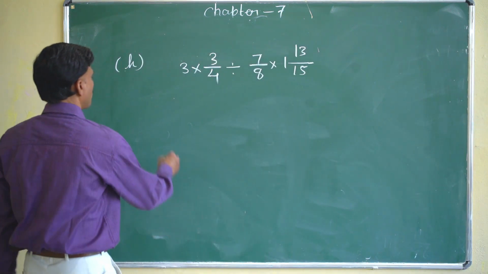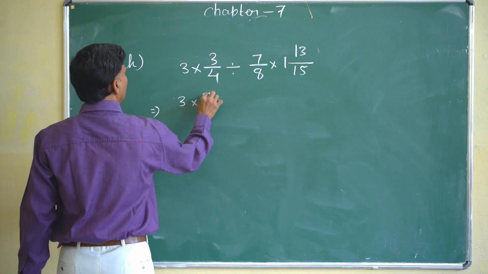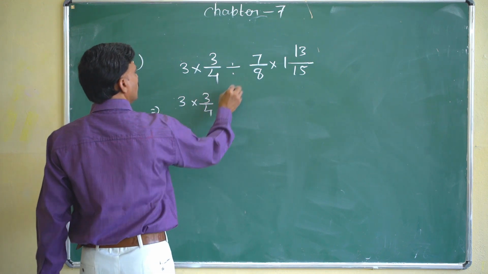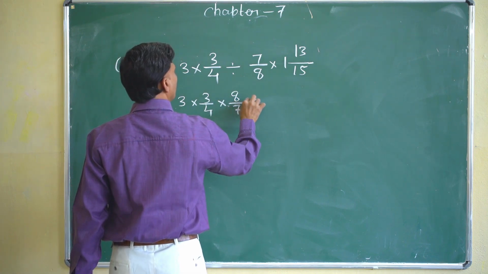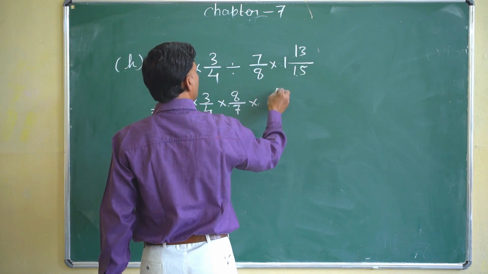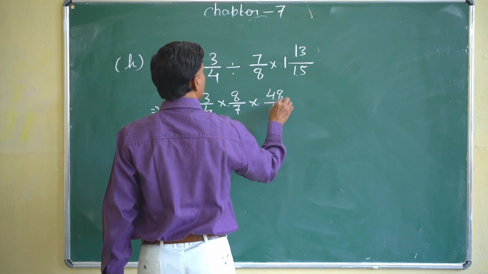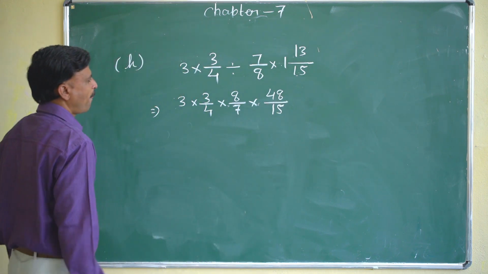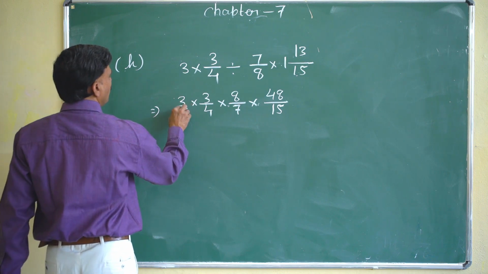So 3 into 3 by 4, this division becomes multiplication by 8 upon 7, and into this, 15 times 3 plus 13 gives 28 upon 15. Got it? This 3 can be written as 3 upon 1.